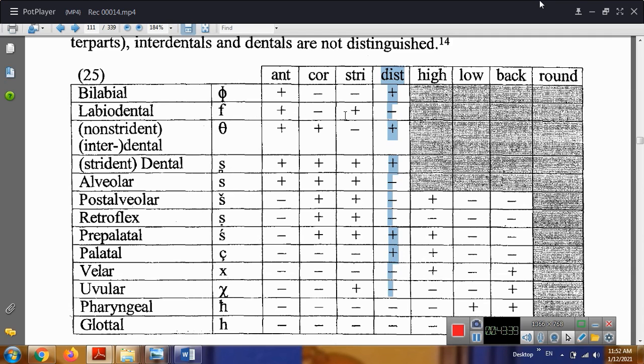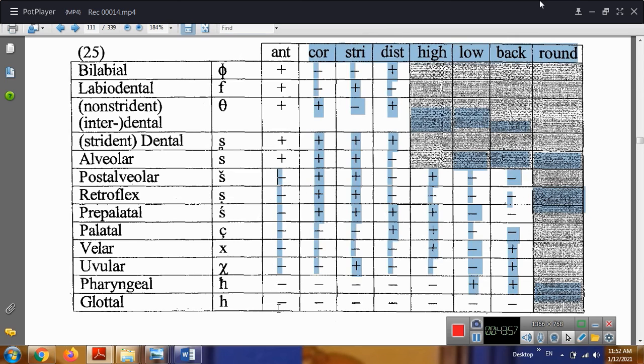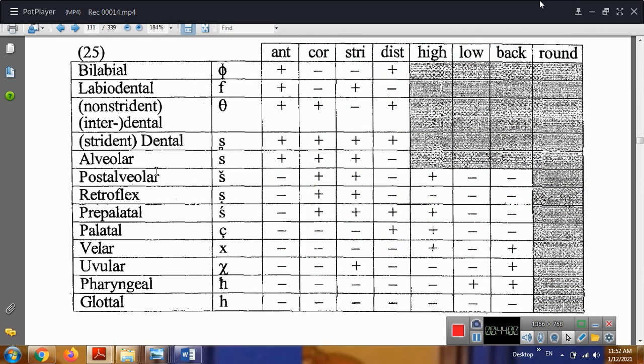Labiodental, like F, is plus anterior, minus coronal, and plus strident, which I explained in detail before. And here you should pay attention to this point. When we have a sound with a minus anterior feature, this is a very important point, like for example sh, you should mention the features high, low, and back.